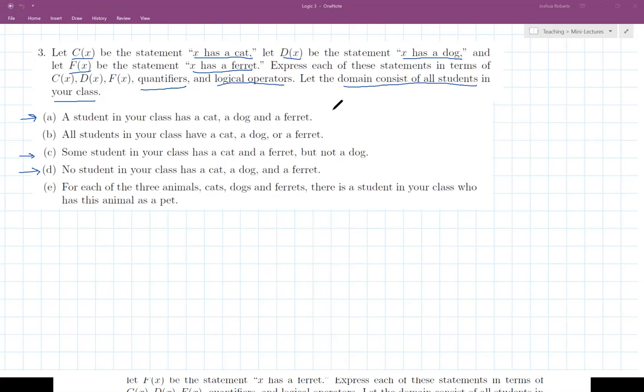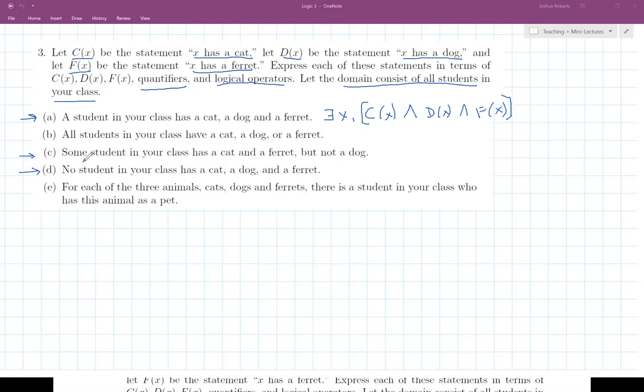So this is saying that there exists an X, where X is a student in the class, there exists an X such that they have a cat, so C of X, and they have a dog, D of X. There's our symbol for and. And they have a ferret. So let's put these in parentheses or brackets just to show that these all go together. But that's how you would write that symbolically.